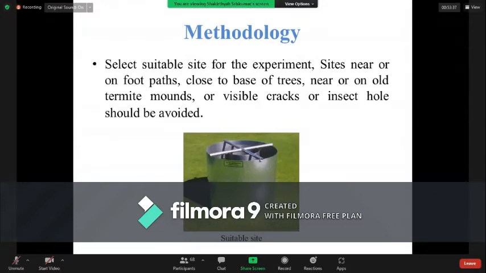And near an old termite mounds. So what is this termite mounds? Normally these termites dig small holes and remove the soil in that place. So at that time, when we pour water inside our cylinders, that water automatically goes and fills the gaps which the termites used for their living.